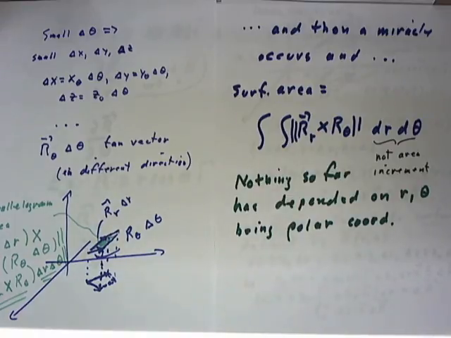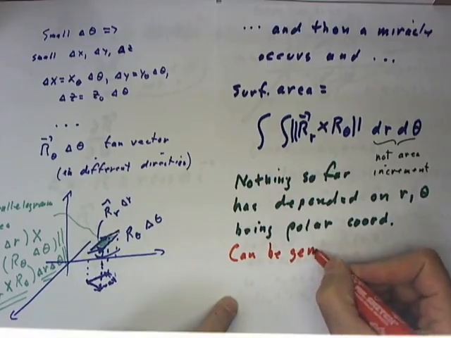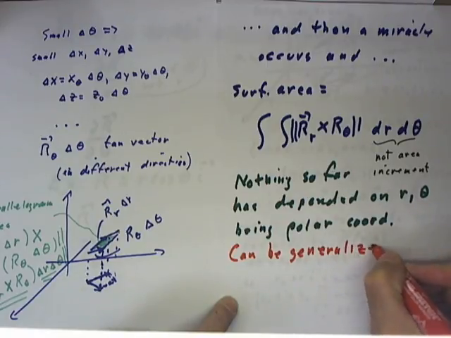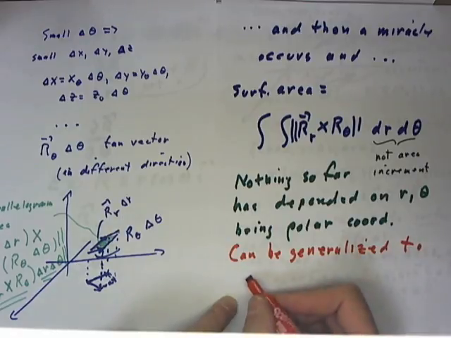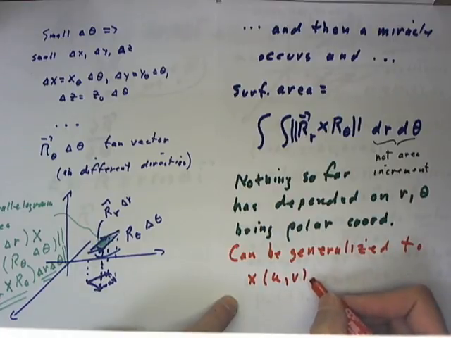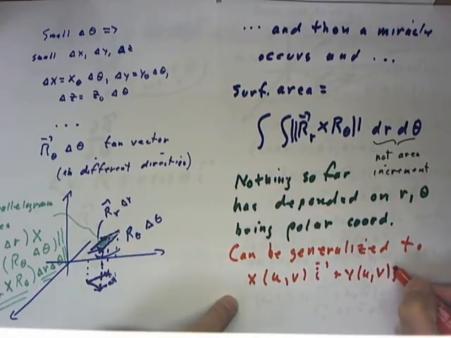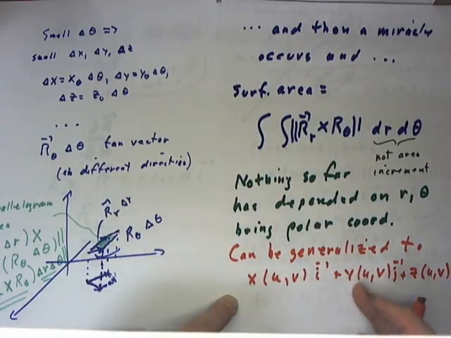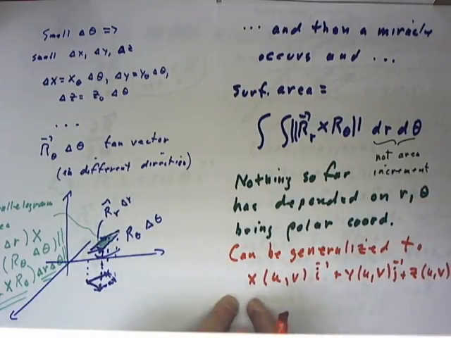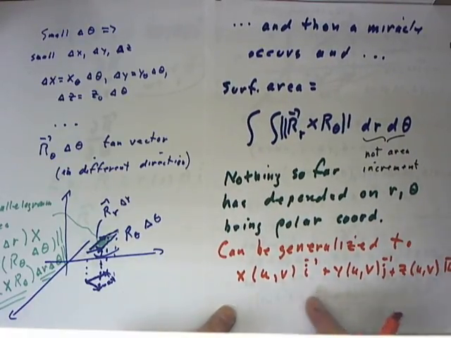So this whole process can be generalized to x of uv i plus y of uv j plus z of uv k, where u and v might well be polar coordinates r and theta, but they might well be any other set of coordinates that satisfy some simple conditions of independence.